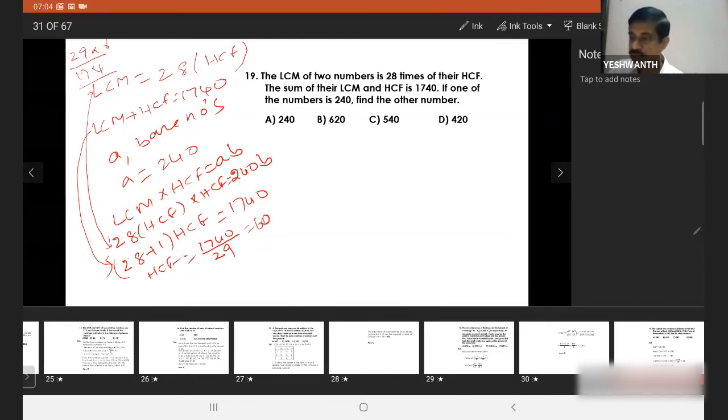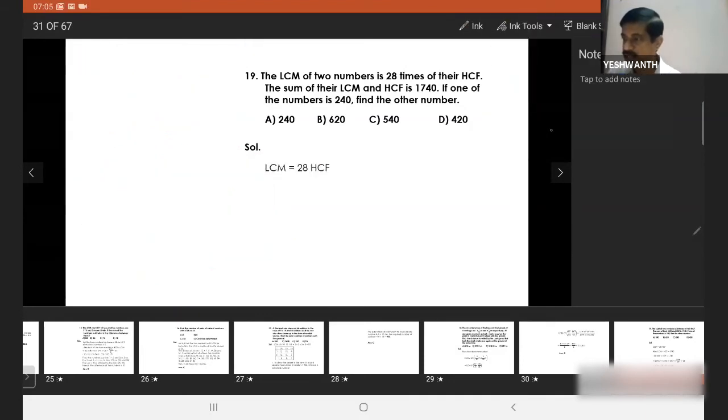So we know HCF. Now we should find out what B is. B equals the product of LCM and HCF divided by the one number, 240. Let me remove the ink part so you can get everything clear.